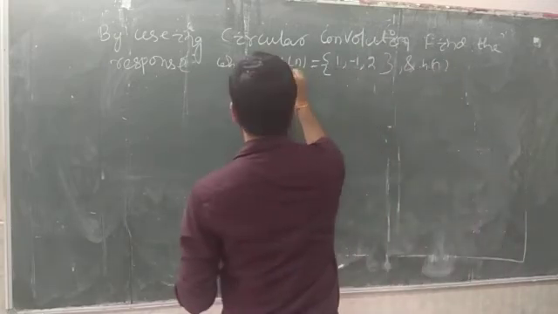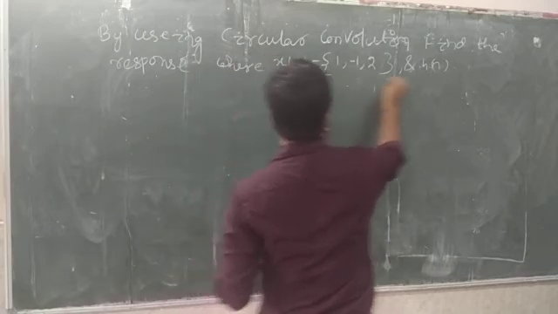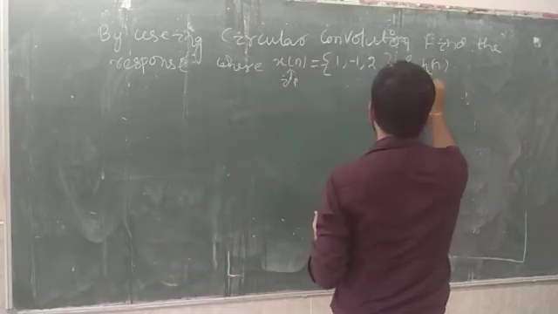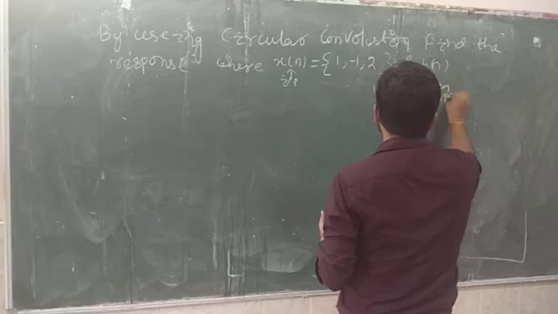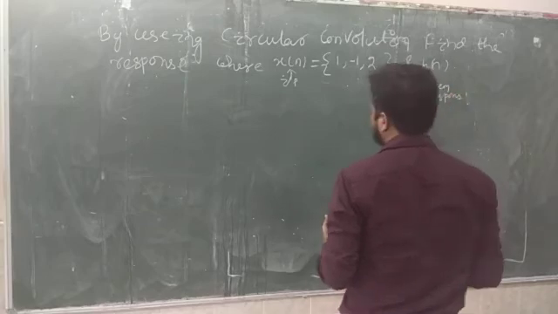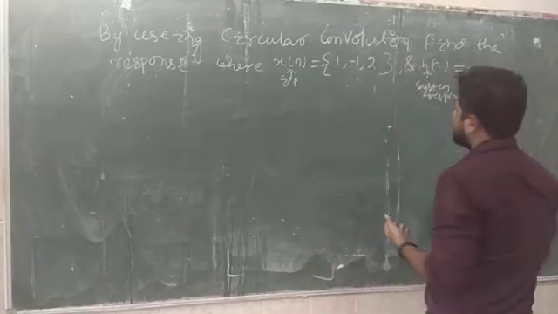This is your input and this is your impulse response or system response. The system response will be given, that is hn.